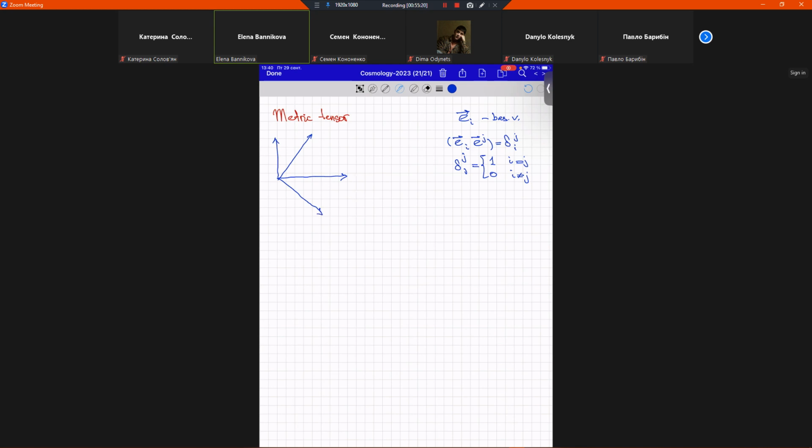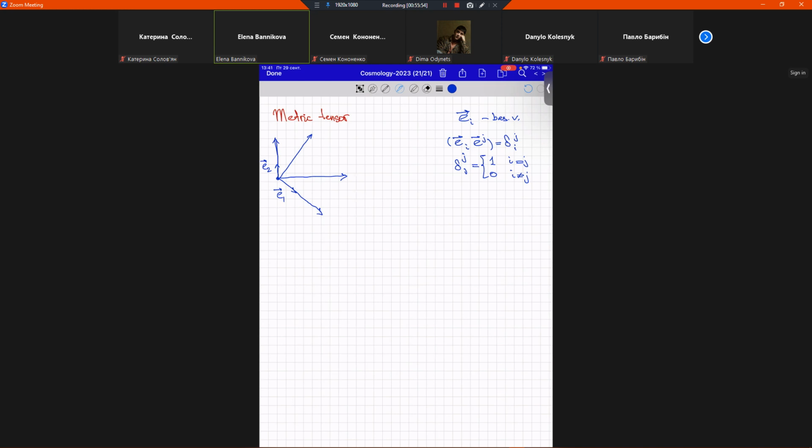So we discussed that we can work in any space, including curved space. And in this case, we will have, let's call it E1, for the case of two dimensions, E2. The components of this basis we choose for now as covariant.